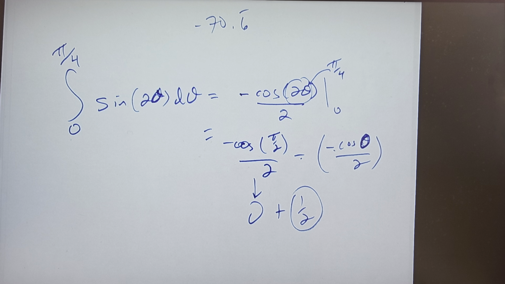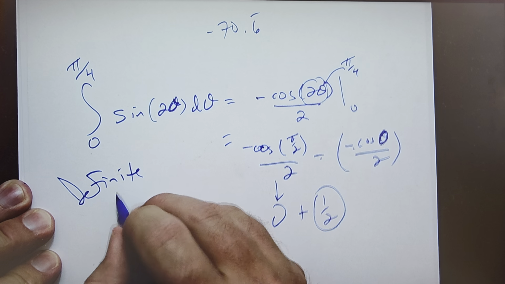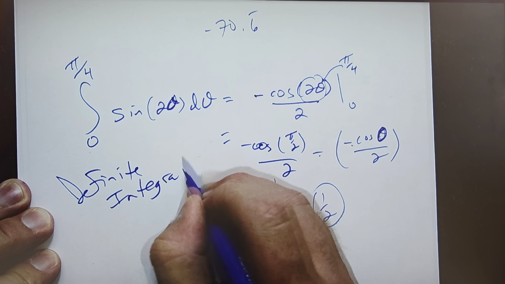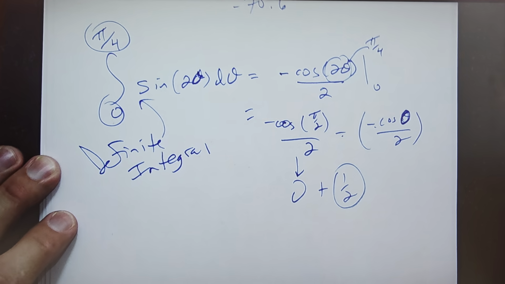How do you guys feel about this? This is section 4.9, which in the context of our class is old news. The first step to an integral problem is to find the antiderivative, and then once you have it, you plug the limits in. The only difference between a definite integral and an indefinite integral: that's a definite integral because there are numbers here.